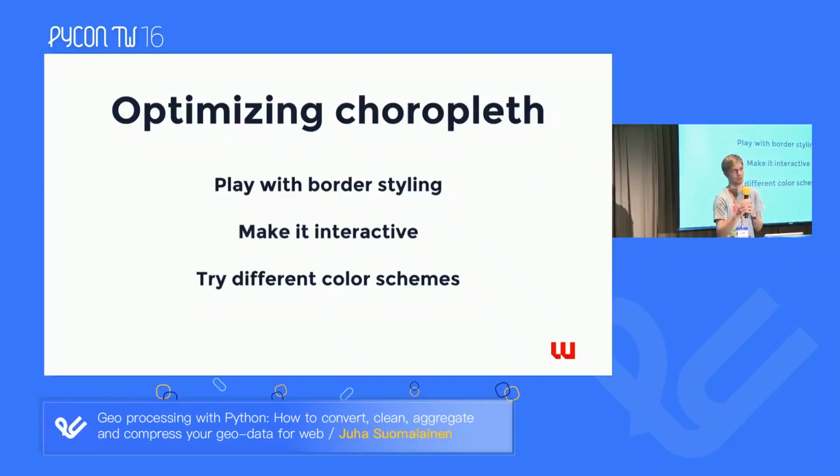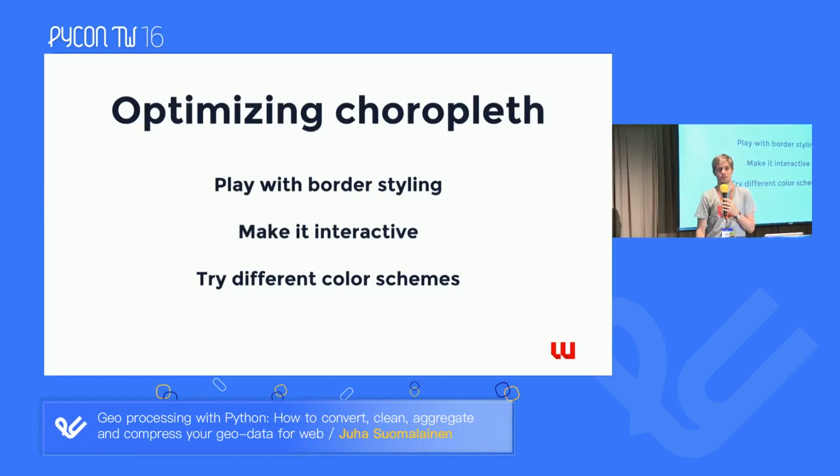As I said, you will often get problems with the borders of the countries because they share the same border, and if you simplify too much, you might have those 1 pixel differences in the shapes, which will look very ugly. Most of the JavaScript libraries allow you to style the borders, so you can make them semi-transparent or a bit bigger so that it hides some of the imperfections of the shapes themselves.